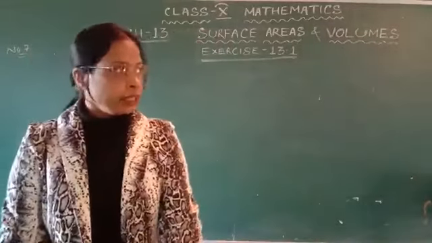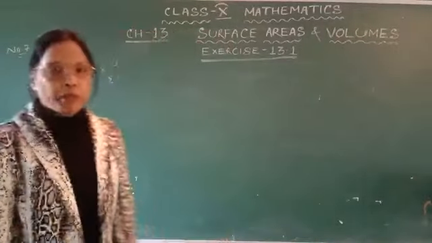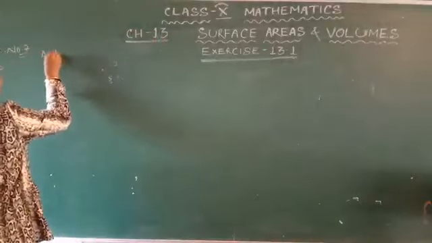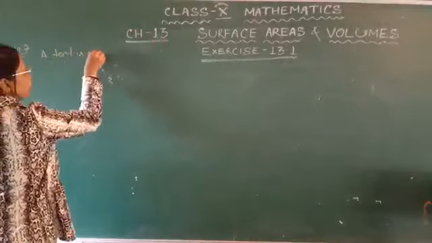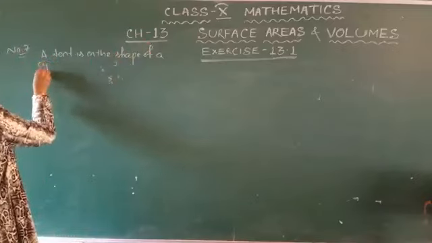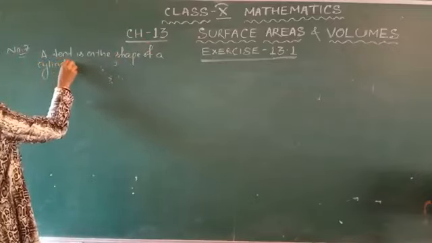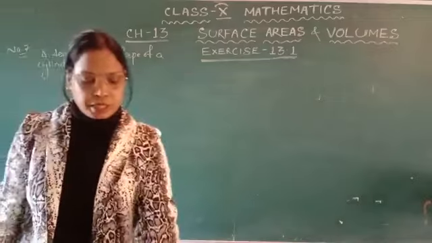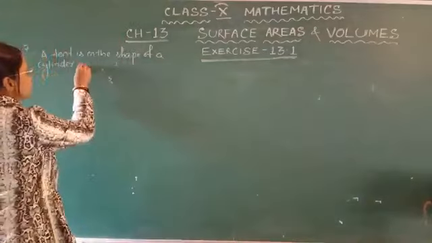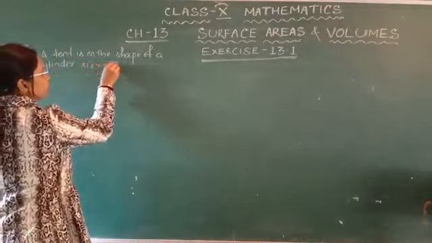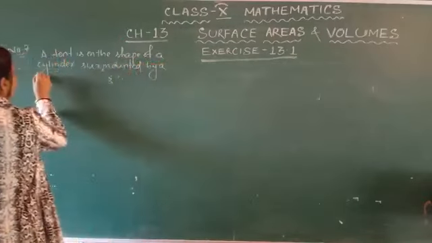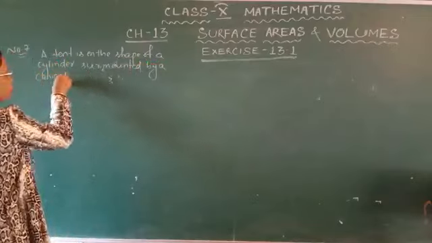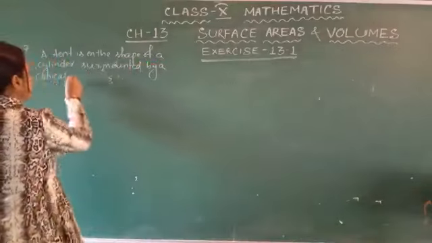A tent is in the shape of a cylinder surmounted by a conical top.